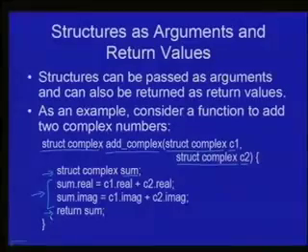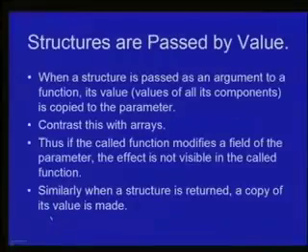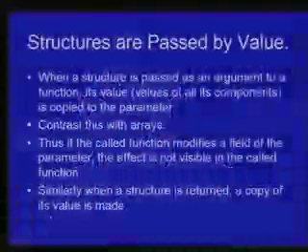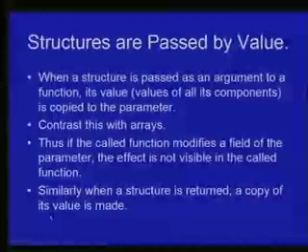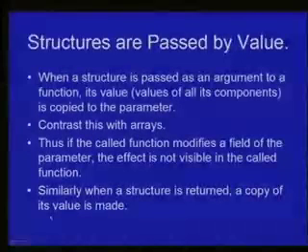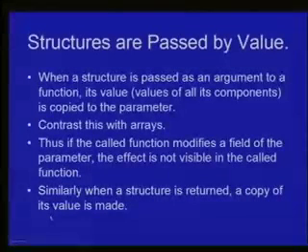Okay, now one thing that we need to understand about structures as opposed to arrays is that structures are passed by value. That is, when I declare a structure variable, that variable represents the structure itself and not the address of that structure. And therefore, when a structure is passed as an argument to a function, its value is copied to the parameter, and its value is nothing but the values of all its components or all of its fields.